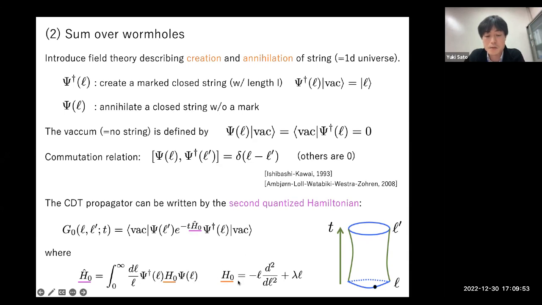So this H naught is the one we obtained in the previous slide. By sandwiching this Hamiltonian, we get the second quantized form of the CDT propagator. But this is exactly the same. So from now, I wish to include wormholes and baby universes in this setup. To do that, we need to include some interactions.